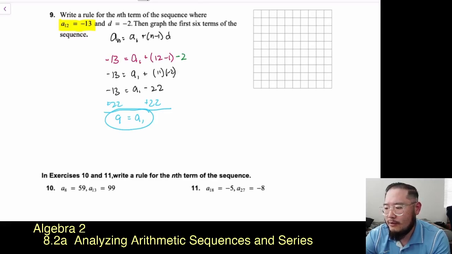And now we have a sub 1. So let's put the rule together right here. And the rule is a sub n is equal to 9, which is a1, plus n minus 1 in parentheses times negative 2. We'll go ahead afterwards and simplify this out.